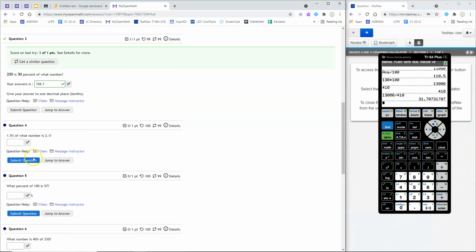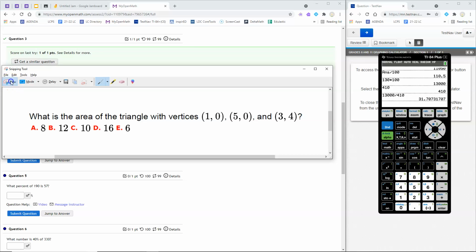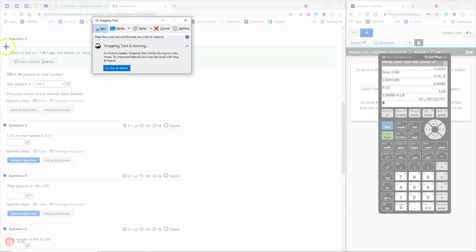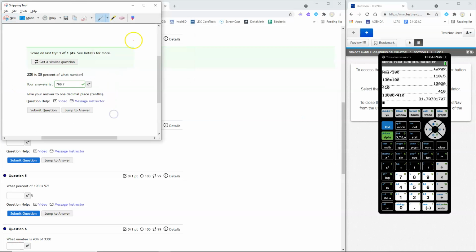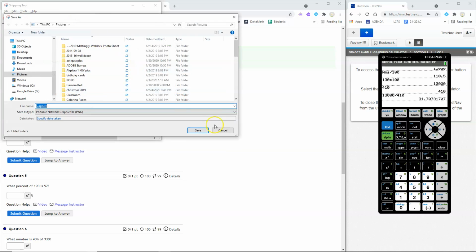So let's switch it up again for the third one. 230 is 30% of what number? Okay. Try to do it like this. Okay.